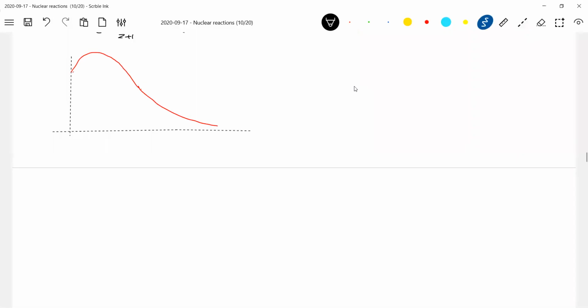Now this will be the kinetic energy of the beta minus particles. If you look at this, this is K max.